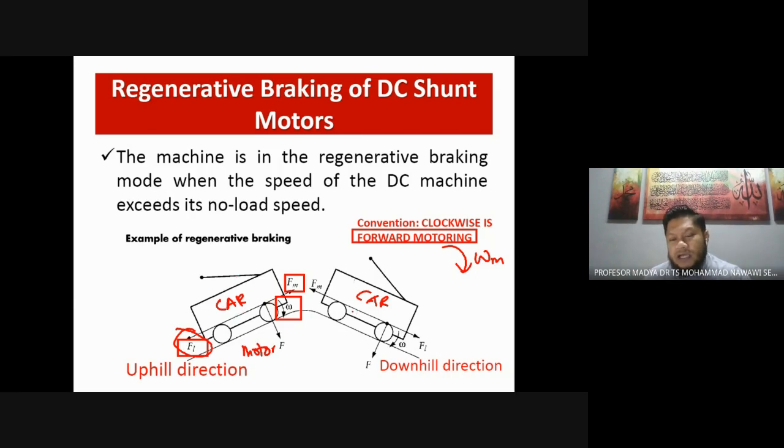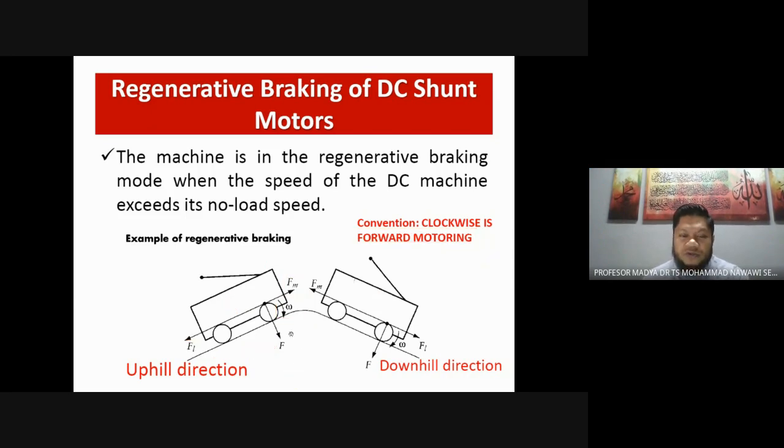At this point you see that FL equals FM. Sorry, there's no torque in this direction. At the peak of the hill, torque is 0. Right, so you also need to have your torque in that direction.